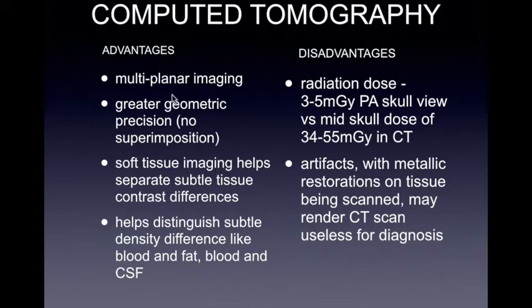Because of that, soft tissue, subtle changes, and contrast can be differentiated. CT scans are able to differentiate subtle differences such as fat, blood, gas, varying densities in bone, and pathological structures.